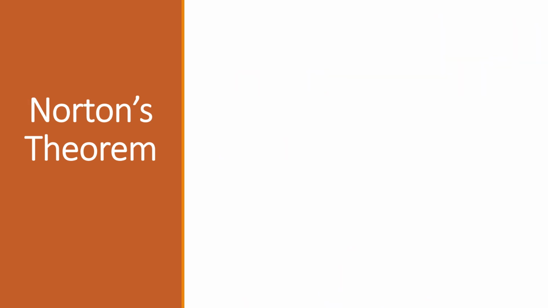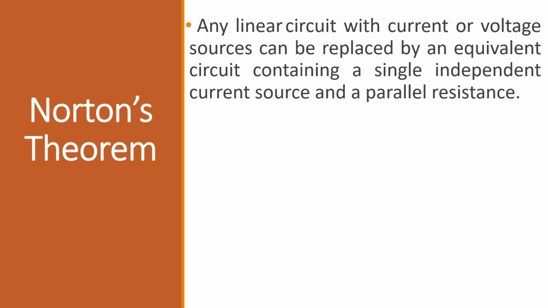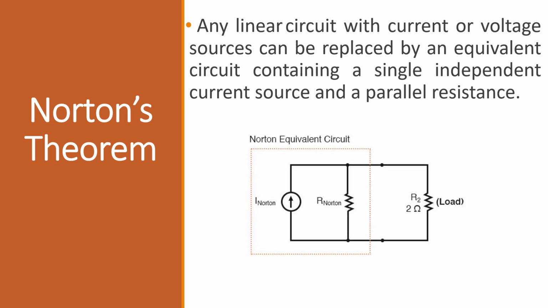Now we will look at Norton's theorem. Norton's theorem states that any linear circuit with current and voltage sources can be replaced by an equivalent circuit containing a single independent current source and a parallel resistance. Now look at this. This is Norton's equivalent circuit where I Norton is the Norton current and R Norton is the Norton resistance.